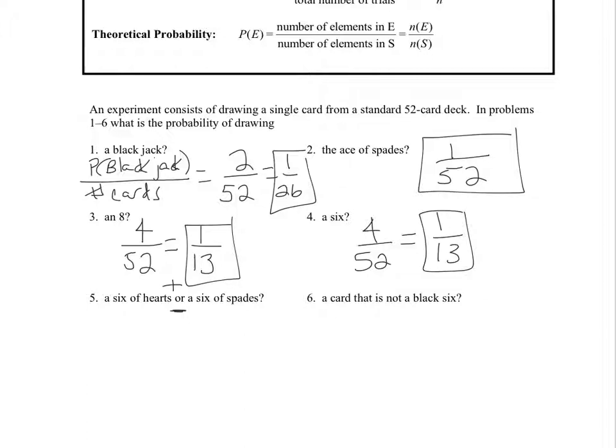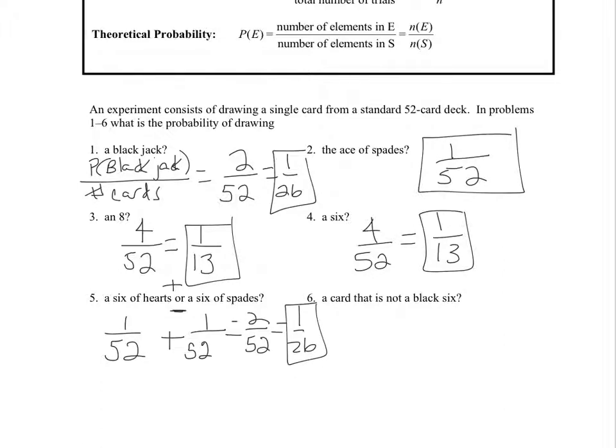So you want to make sure you remember that. And the probability of getting a 6 of hearts, I know there is only 1 6 of hearts out of 52 cards, plus there's only 1 6 of spades out of 52 cards. And that means I get 2 out of 52 when I add those up, which would be 1 out of 26.